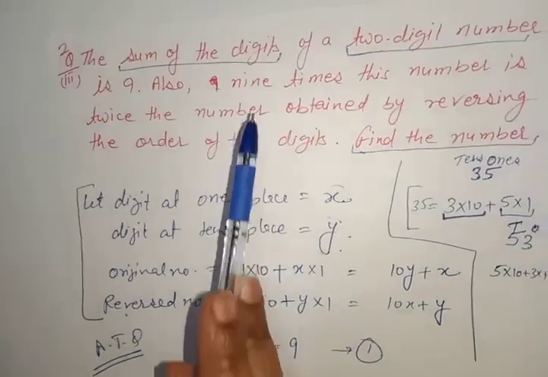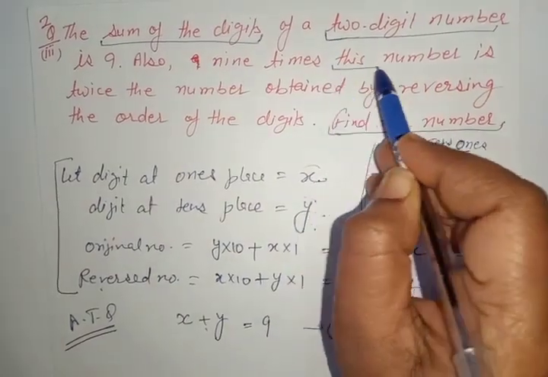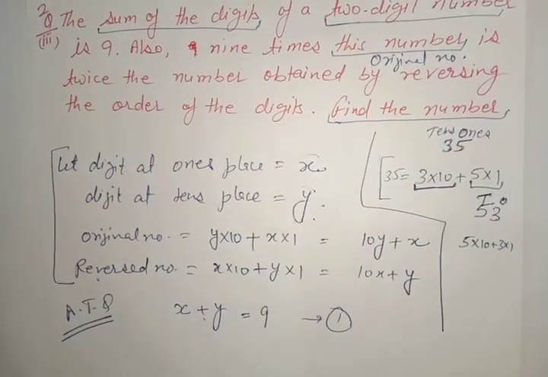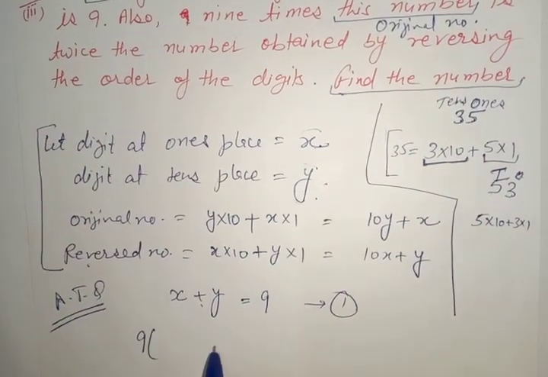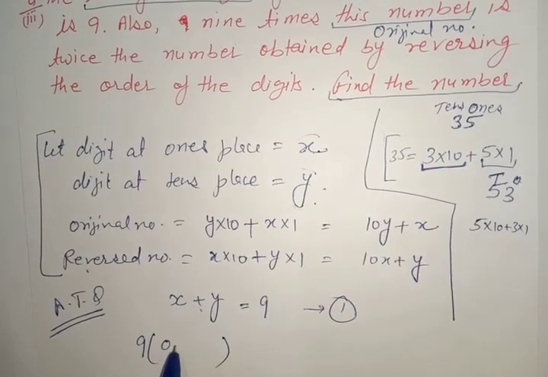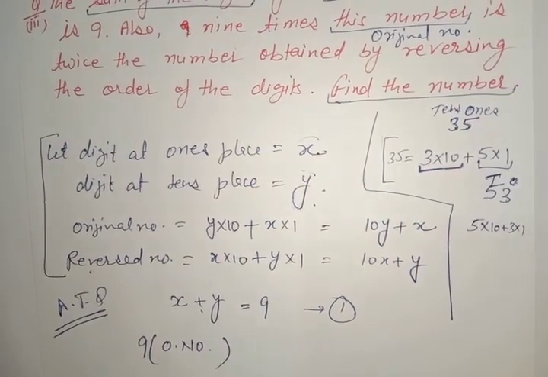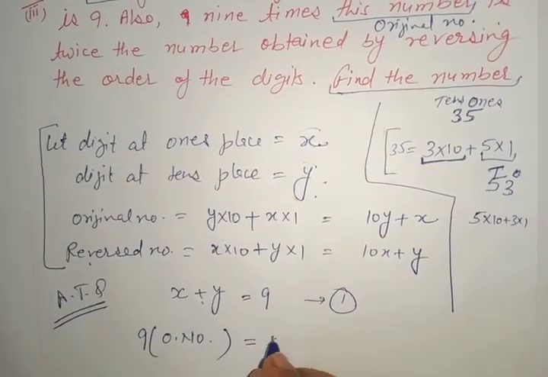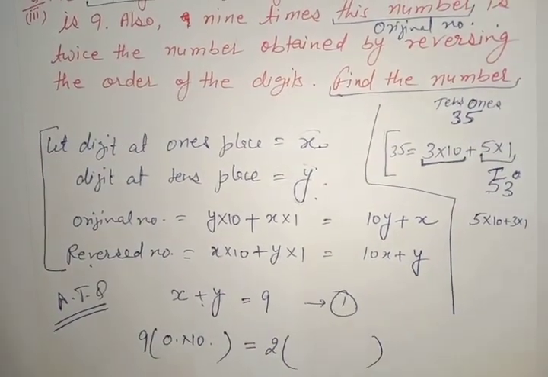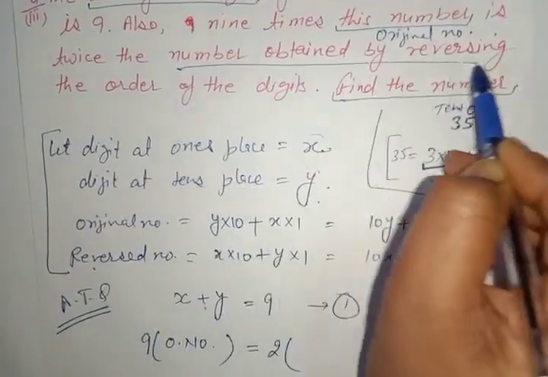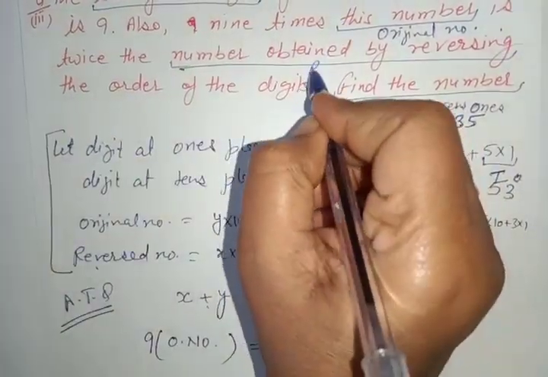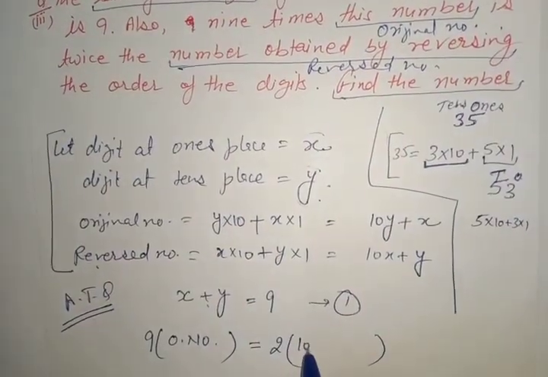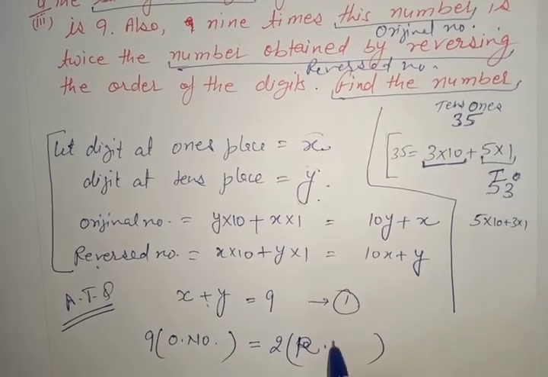Second, 9 times this number. The meaning of this number is the original number. 9 times the original number is, means equal to, twice, which means 2 times. Number obtained by reversing means what? The reversed number.